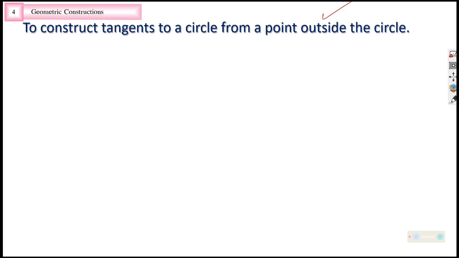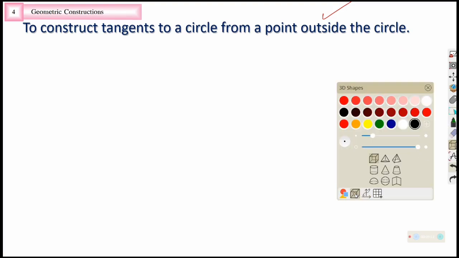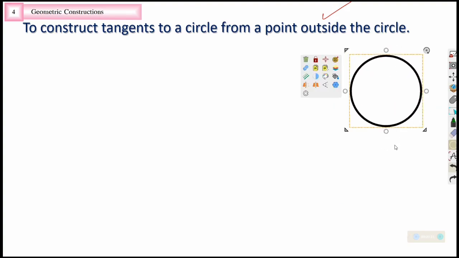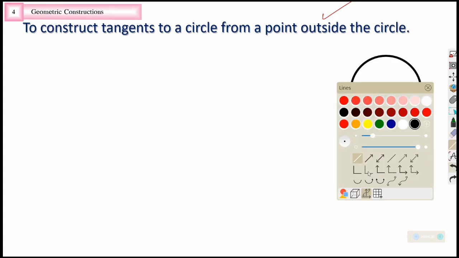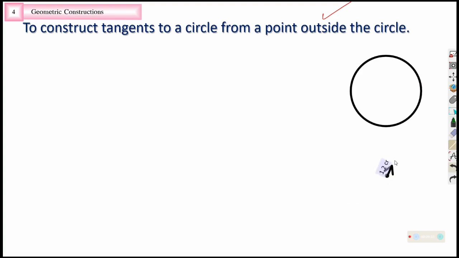we know that if there is a circle like this, and if there is a point like this, we know that two tangents can be drawn from that point to the circle, and the length of the tangent, that is from the point of contact of the tangent to this point, will be equal.